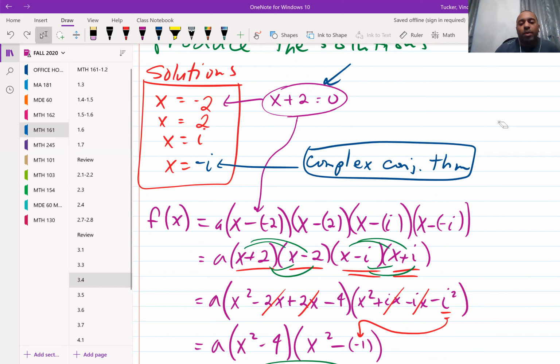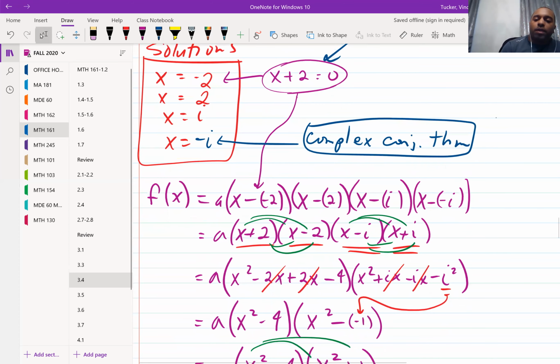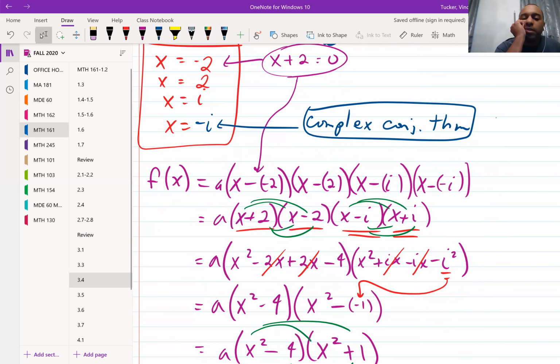And so this is why we go ahead and multiply those quantities together, because we'll see that the 2x's cancel in the middle here, the ix's cancel in the middle here. Don't forget i squared is -1.